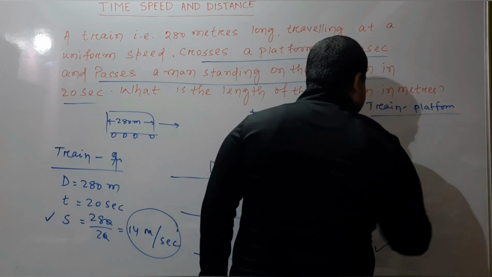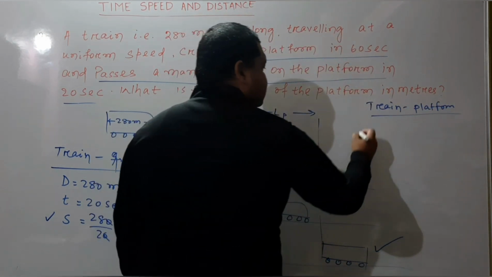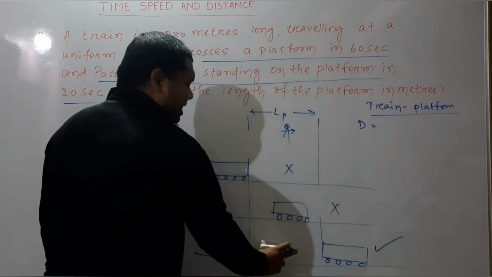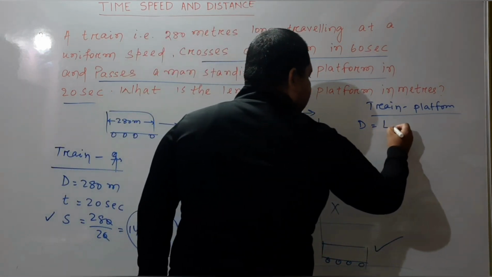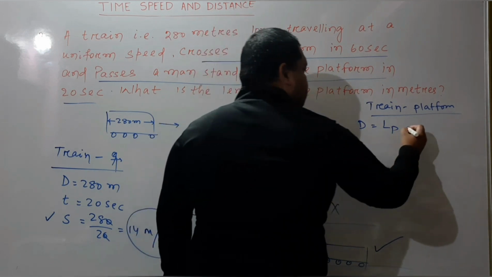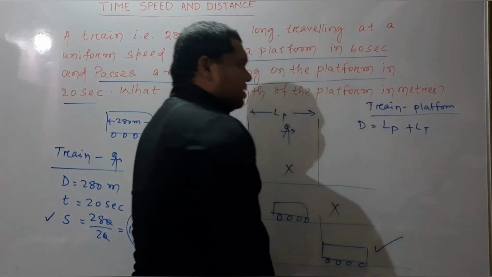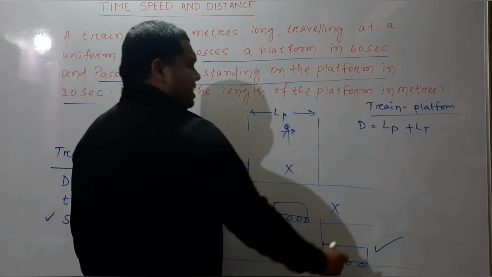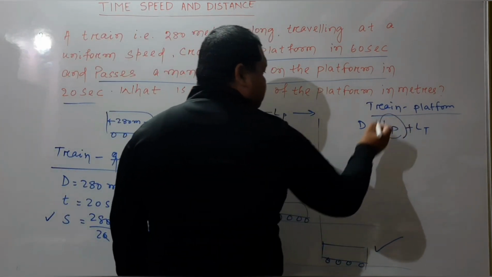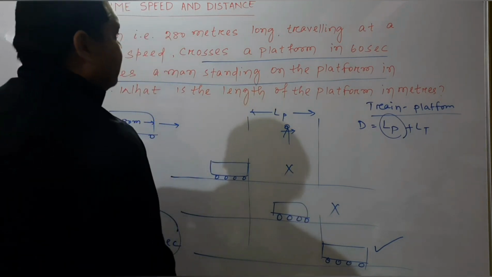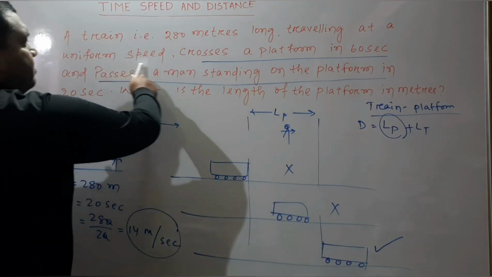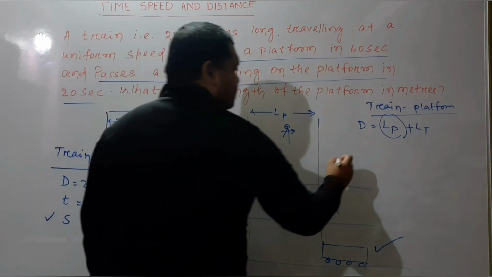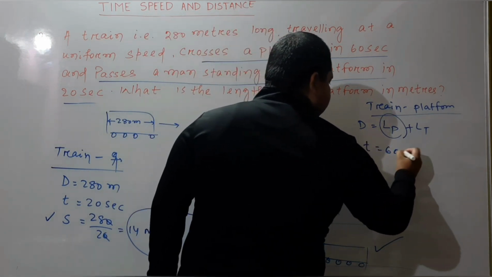So for this case, the distance is equal to what? LP plus LT. LP stands for length of the platform, plus LT stands for length of the train. Here you have to calculate LP. LT is given, but you have to calculate LP. Time is given, 60 seconds.